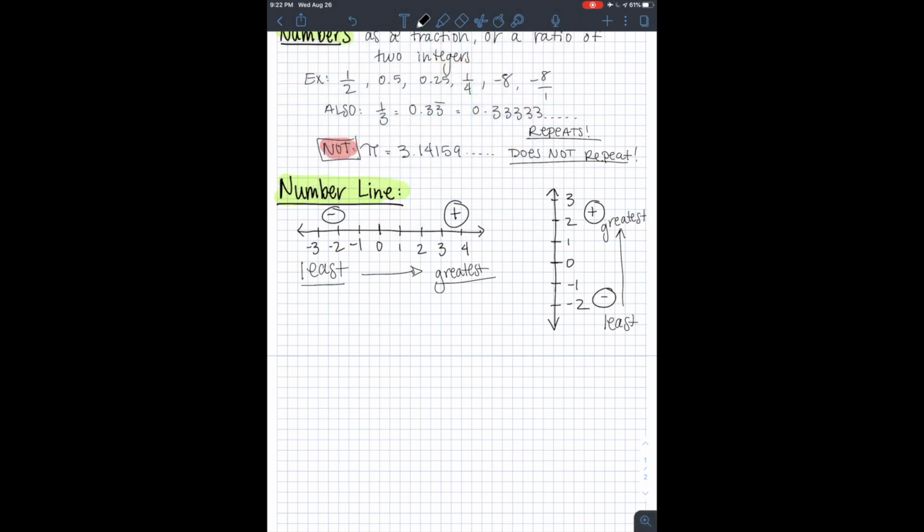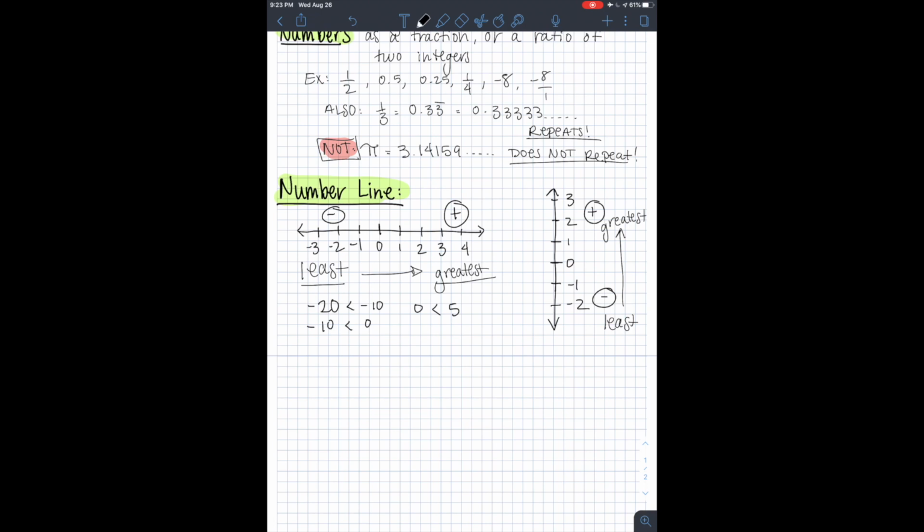Something that can be kind of confusing when we're talking about negative numbers is that as you're going to the left, the number is getting bigger, like we're counting up, like 1, 2, 3, 4, 5, 6, 7, but the negative sign means that that number is smaller. So for example, what I'm writing here, negative 20 is going to be less than 10.